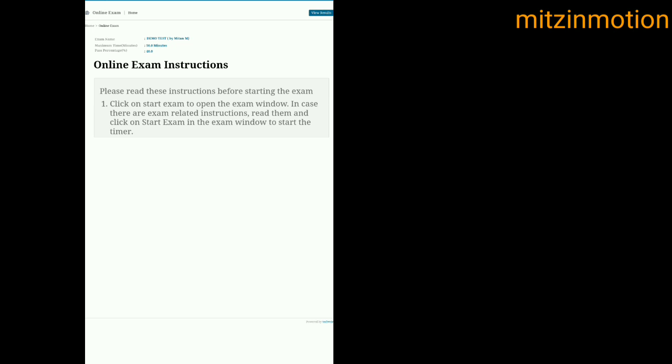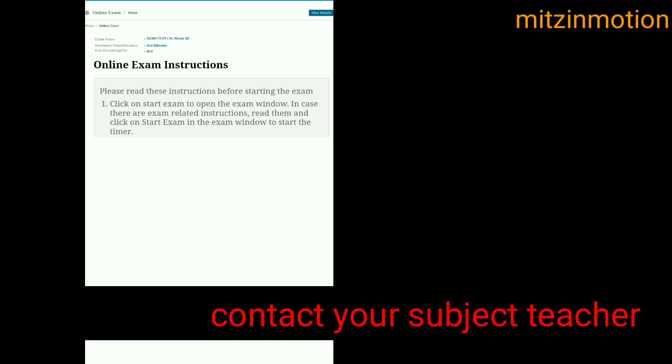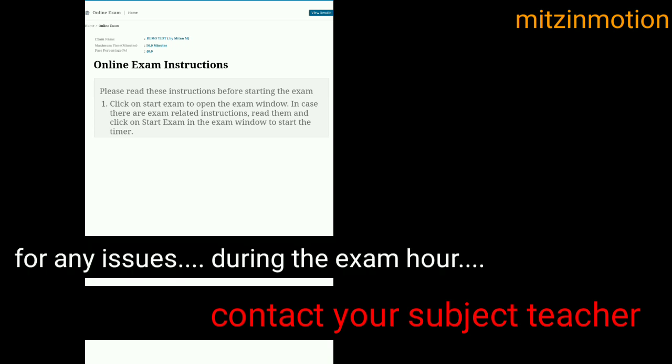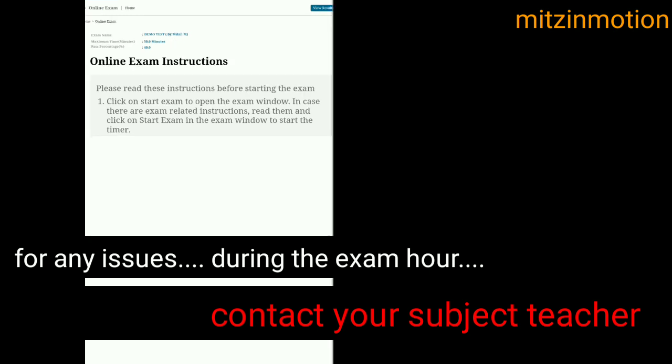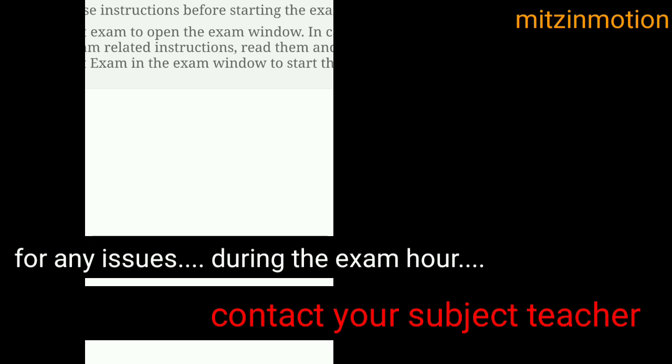In between, for any problem regarding starting or ending or any network issue, because second time you are not going to get any chance to appear for the exam, in the first shot only you have to finish your exam. Okay, for any problem you have to call or contact your teacher so that the teacher can do something regarding your exam.